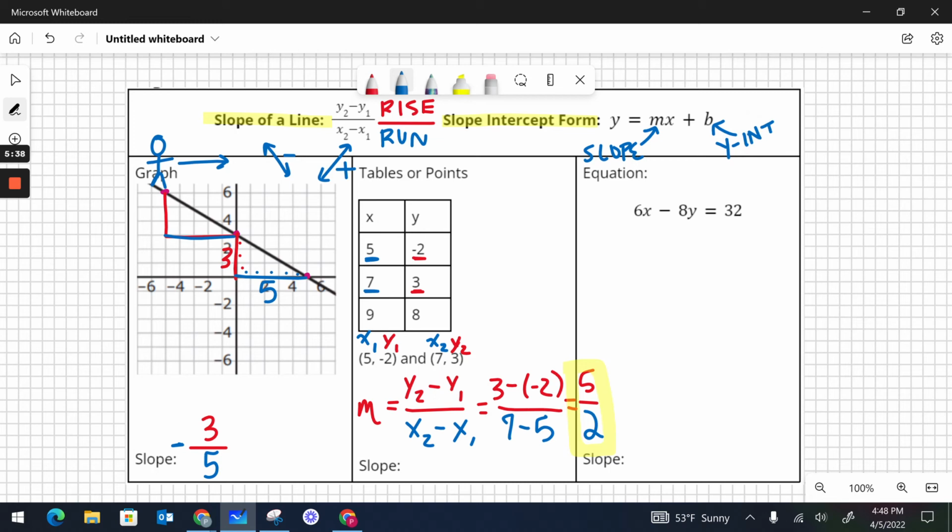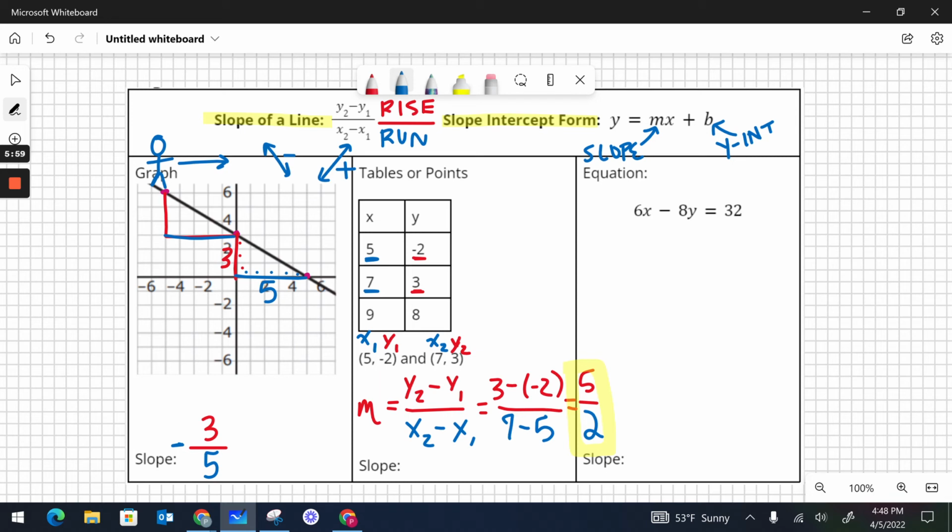So in my equation, I have 6x minus 8y is equal to 32. If we can rearrange this equation into slope-intercept form, I can easily see what the slope is. So I want to get y all by itself. Right now, y is being multiplied with negative 8 and added with 6x.